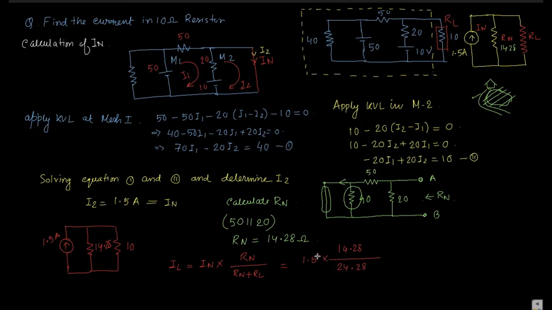It will be less than one, it will be 0.88 ampere. And as it is the same as the direction of the IN and whatever direction you consider, it is also positive, so the direction of the current is like this. IN we have already taken the direction of the current in the same direction.